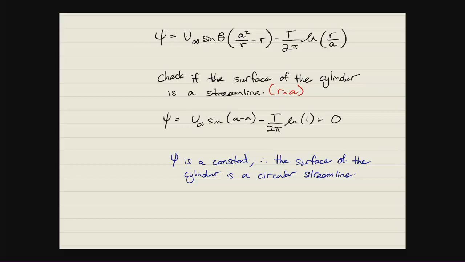Hopefully you can see that the surface of the cylinder is still a circular streamline, even though we have varied the parameter gamma over 4 pi u infinity a.